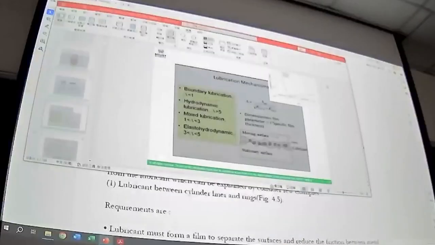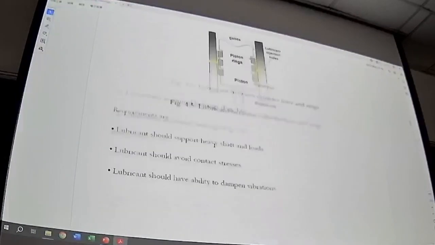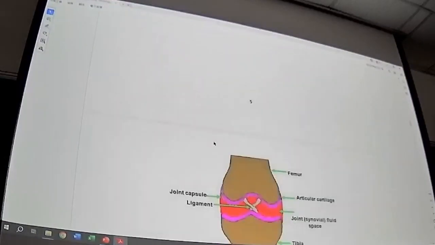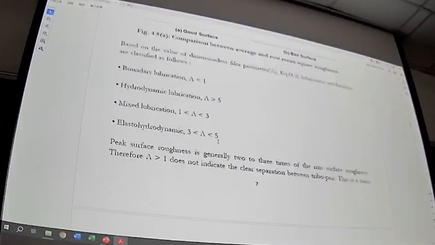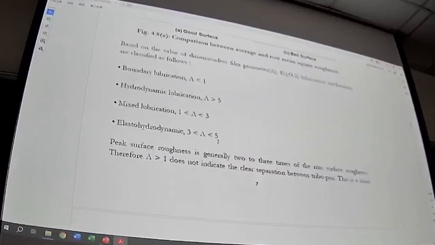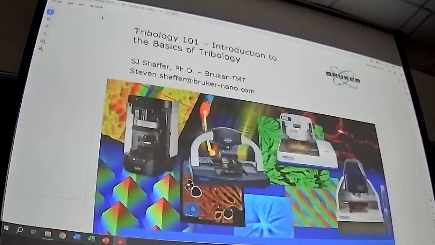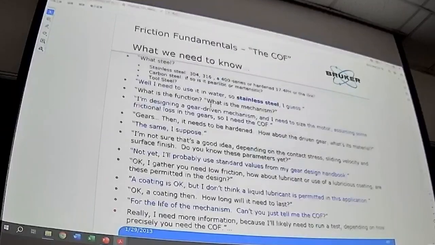In your textbook we have four different categories for the Stribeck curve, so you remember you have a different classification for that here.